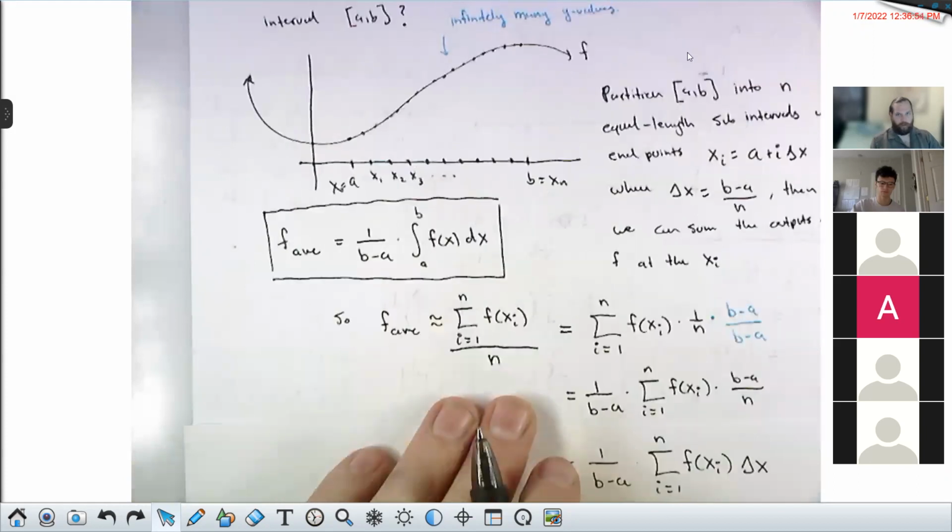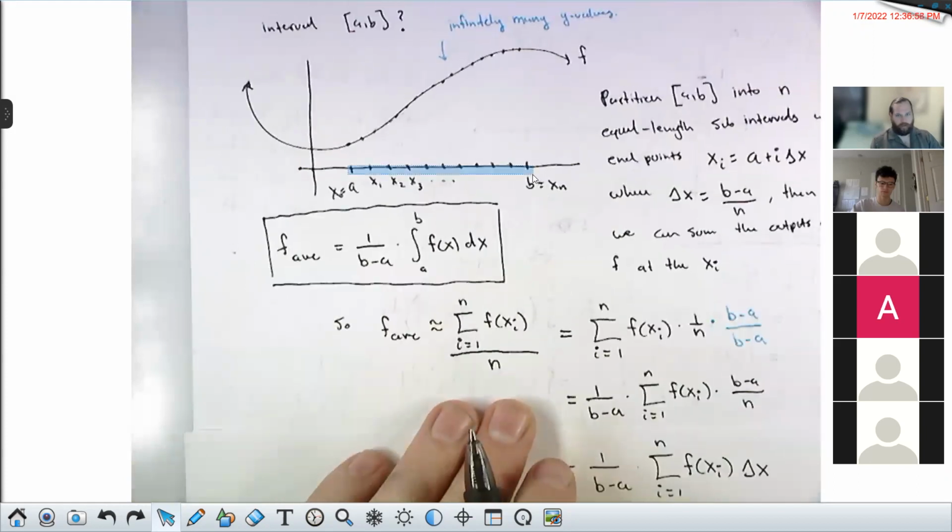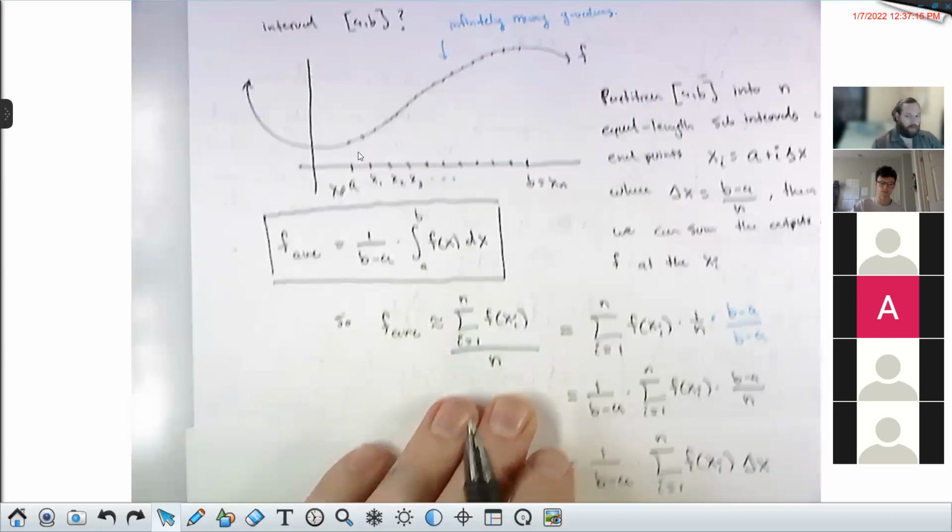There's infinitely many y values there, one for each of the x values in the interval a, b. I've chosen to, instead of looking at every x value in there, just look at finitely many of them by partitioning that interval. This sum is the sum of those finitely many y values, but now I'm going to send n to infinity, so I'll get all the y values.